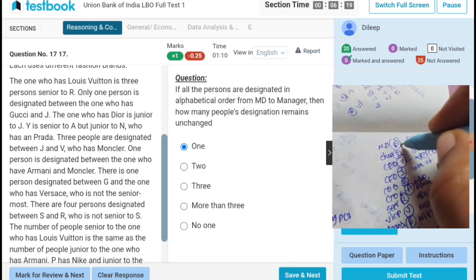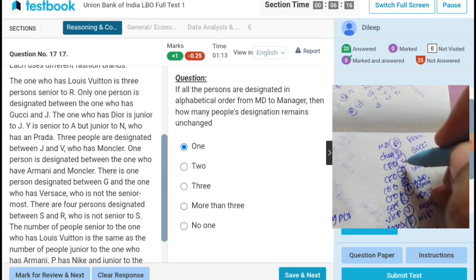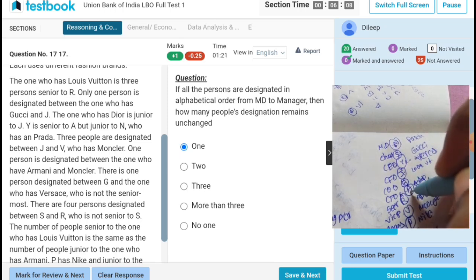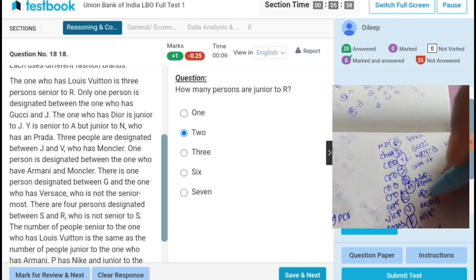So A G, J N P or S, P Y. Junior to R is 2.